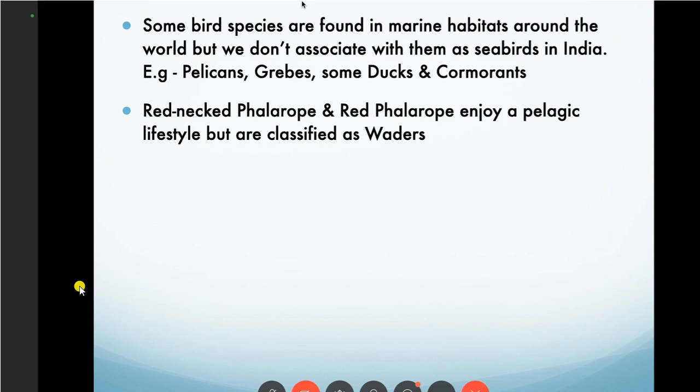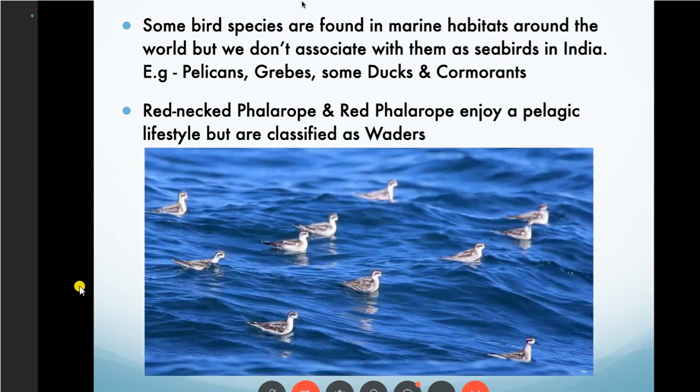But we don't put them under the heading of seabirds. We are currently classifying them as waders. This definition of what exactly is pelagic is probably evolving, and after a while we'll have something different, and we'll be able to list all of these birds together. Just take a look at this image of a flock of red-necked phalaropes, to show you that it enjoys this space in the ocean.